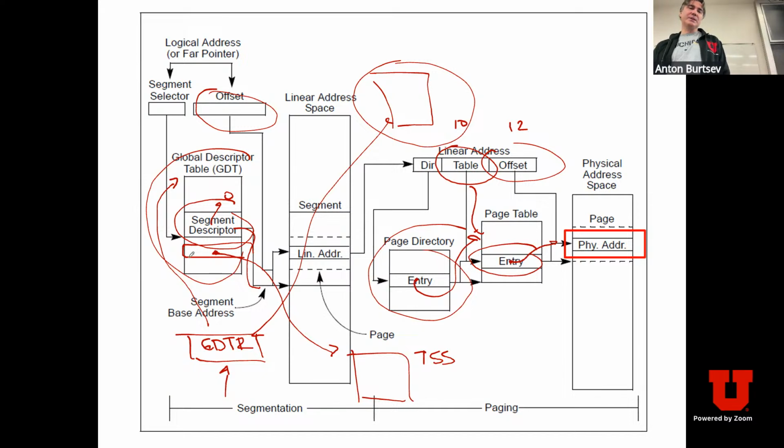And on context switch, the only field which will be changing on x86 is this field, right? And Linux does something similar. So there is really no reason to switch between multiple global descriptor tables for commodity purposes.